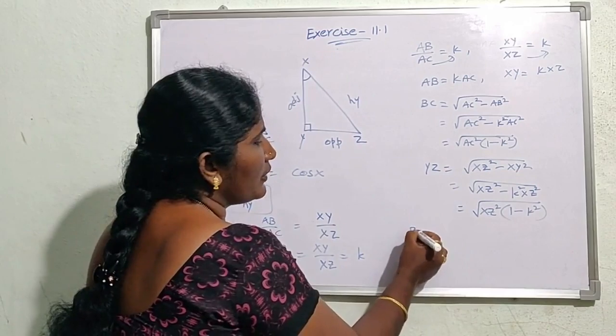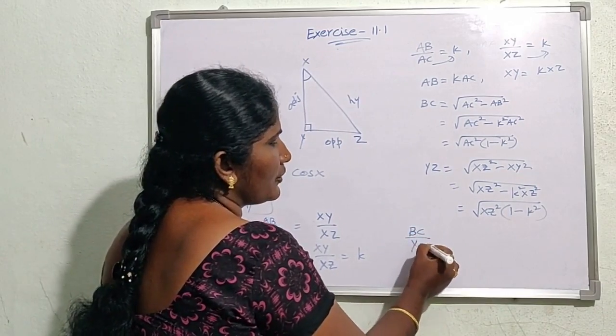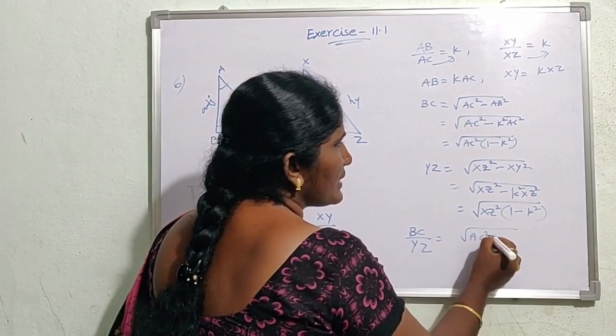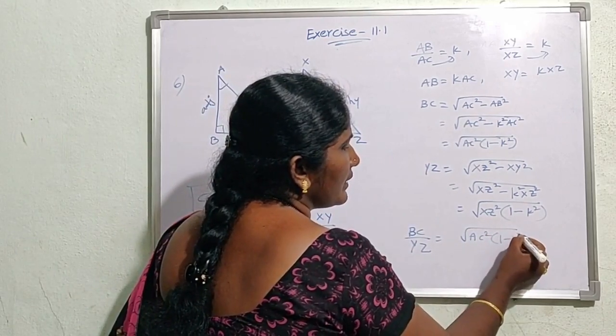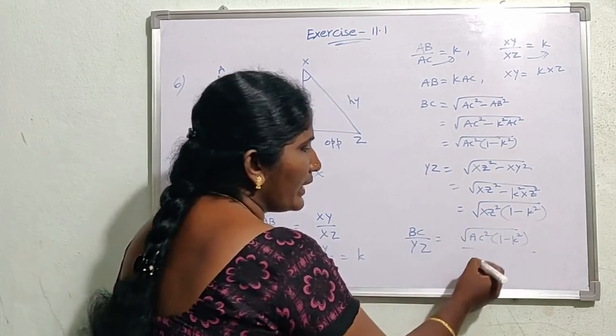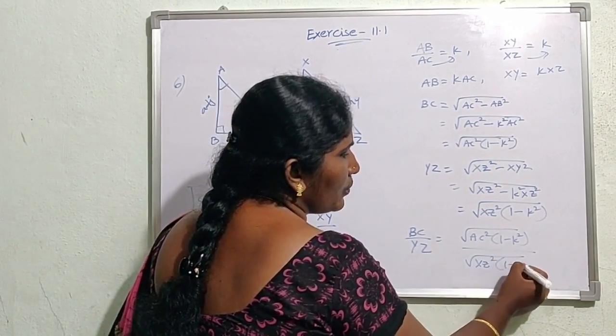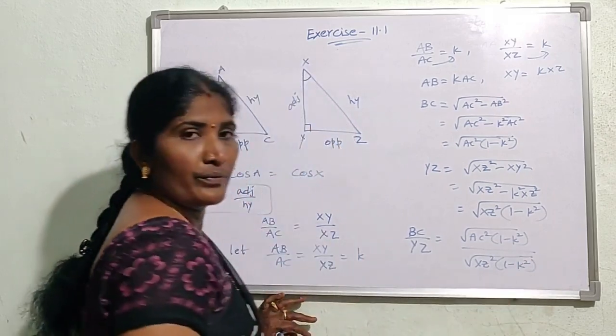So now find out the ratio of BC and YZ. BC by YZ is equal to root of AC square into 1 minus K square by root of XZ square into 1 minus K square.